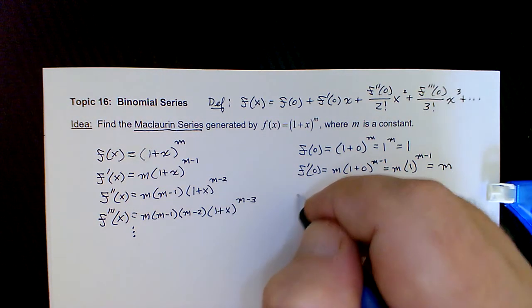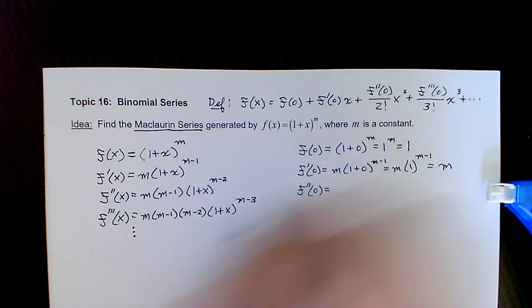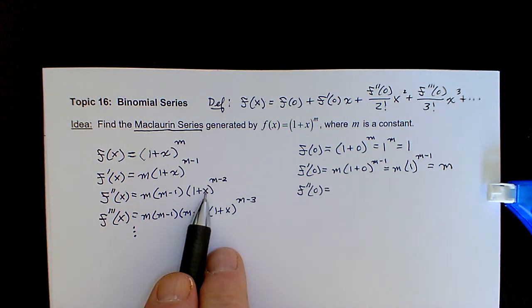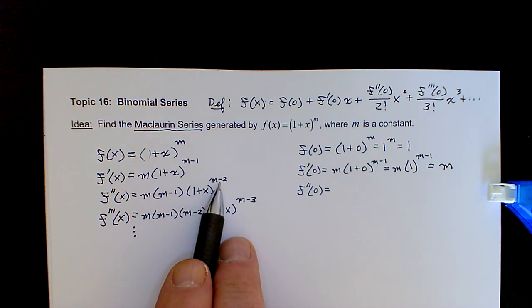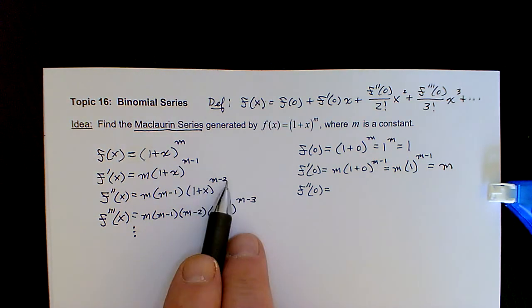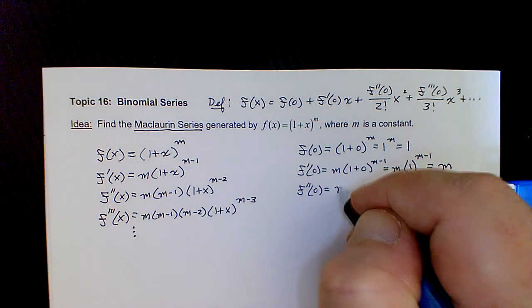And so there's really no need to show that literal substitution of 0 anymore, because when we put a 0 in for x, this is just going to become 1 to the m minus 2 power, and no matter what m is, 1 to any power is just 1, so we're just going to get m minus 1.